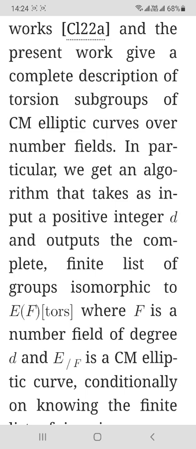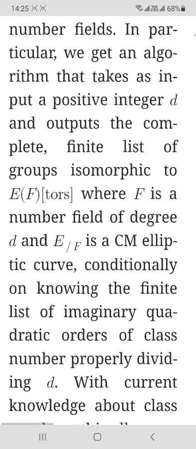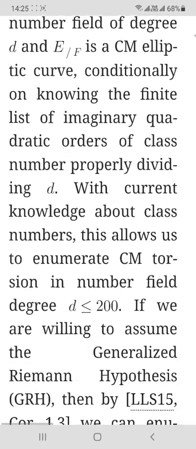In particular, we get an algorithm that takes as input a positive integer d and outputs the complete finite list of groups isomorphic to E(F) torsion, where F is a number field of degree d and E over F is a CM elliptic curve, conditionally on knowing the finite list of imaginary quadratic orders of class number properly dividing d, with current knowledge about class numbers.